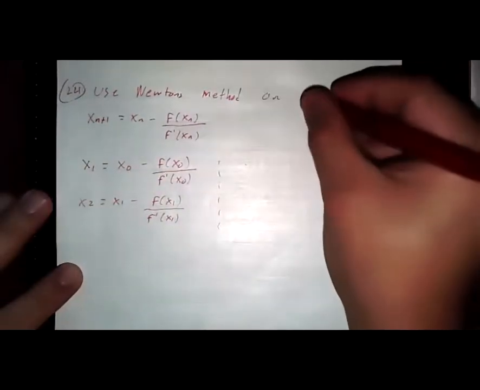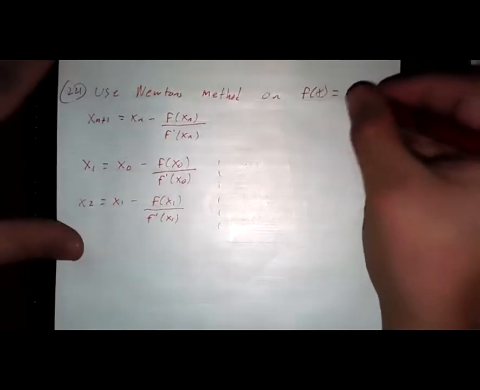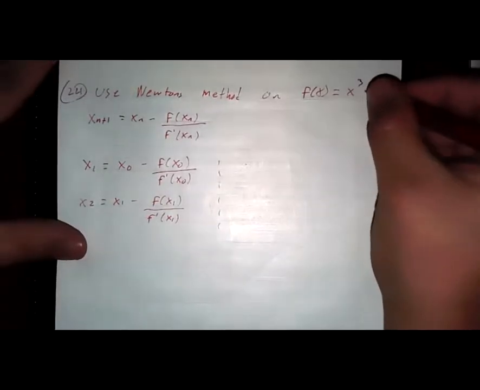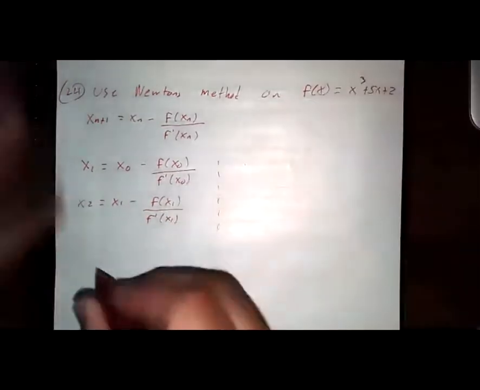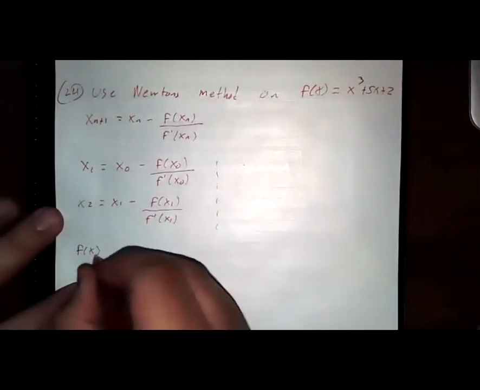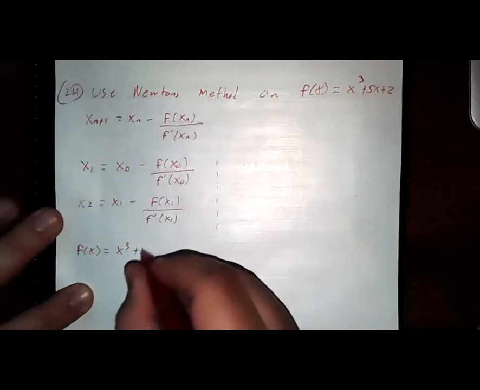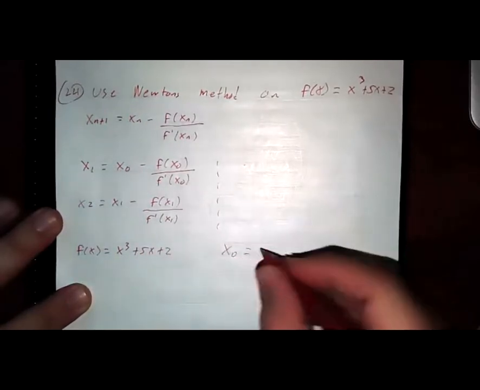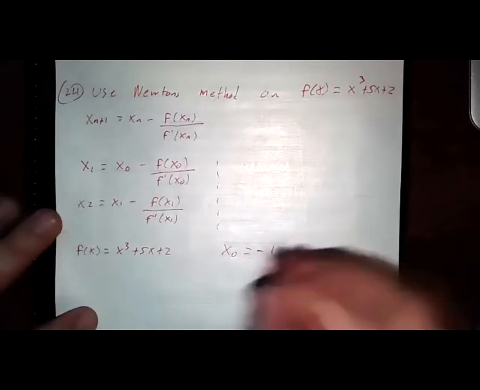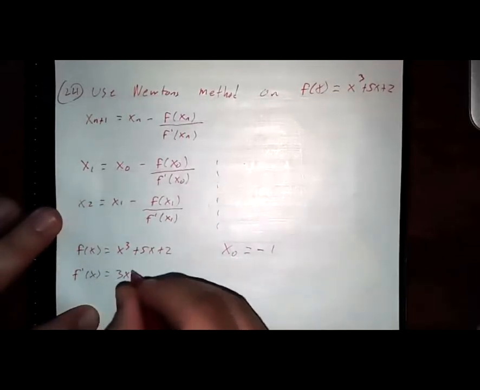So here's the function, x to the third plus 5x plus 2. So let me go write it over here. That looks messy. They give us the x0 of -1. So I need the derivative, right?